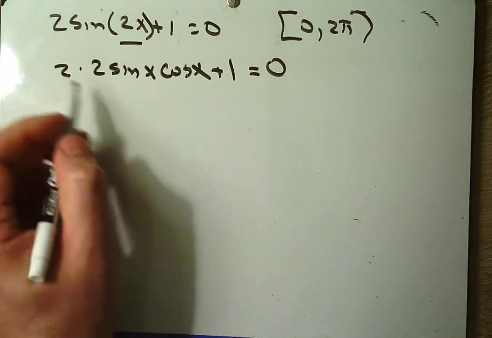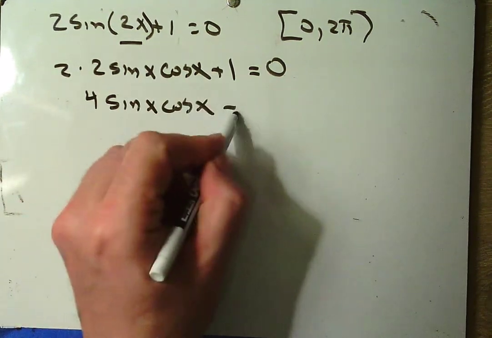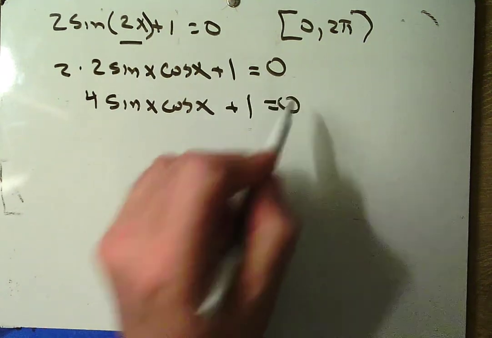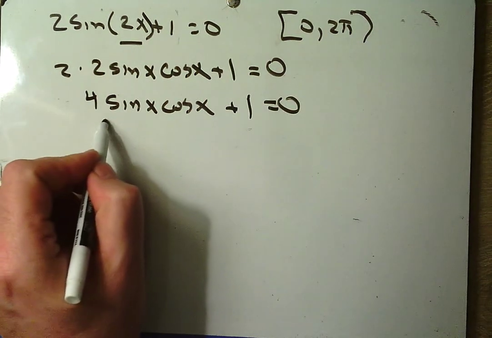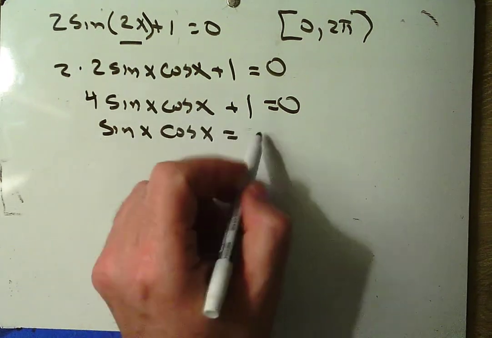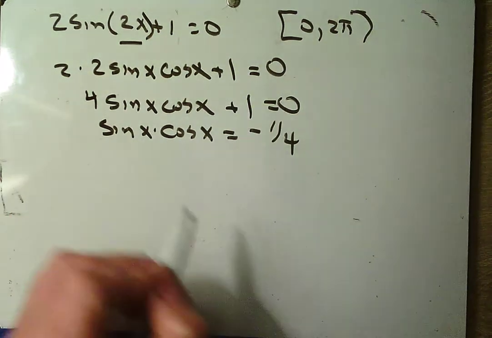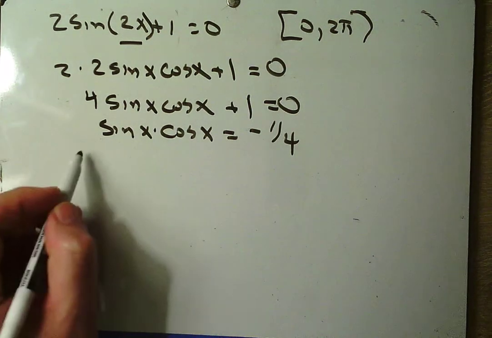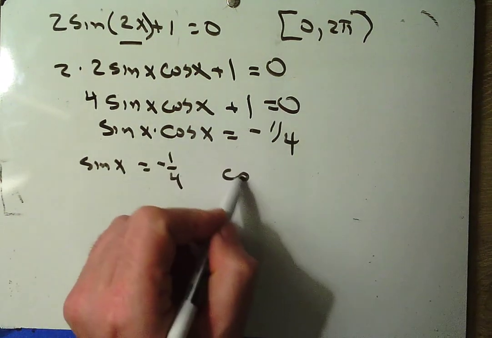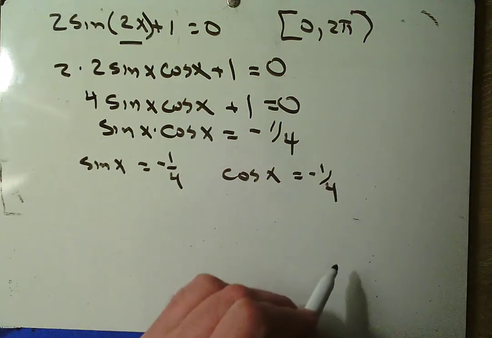Okay, and that's 4 sine x cosine x plus 1 equals 0, or sine x cosine x equals negative 1/4. Well, here I have a product. And it's not like I can say sine x equals negative 1/4 and cosine x equals negative 1/4.